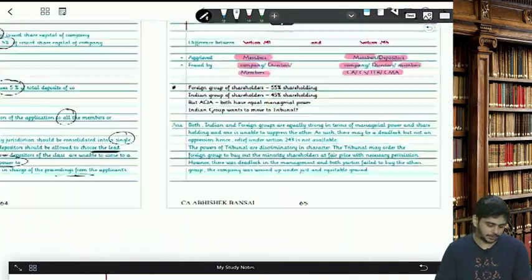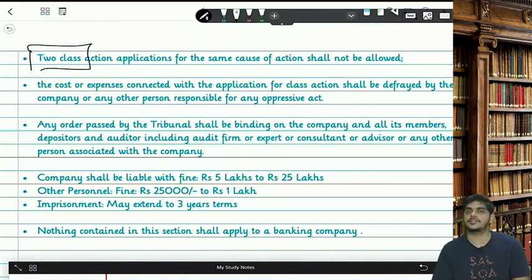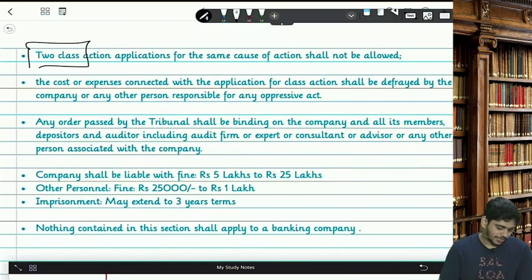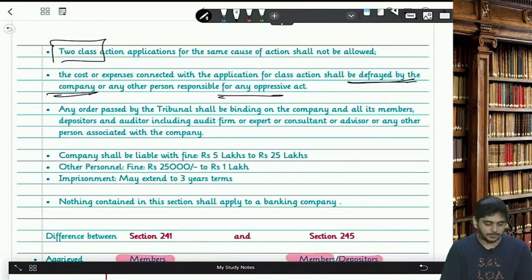Two class actions for the same cause of action shall not be allowed. It will be consolidated into one single application. The cost or expenses connected with the application of class action shall be defrayed by the company, underline this, or any other person responsible for any oppressive act.